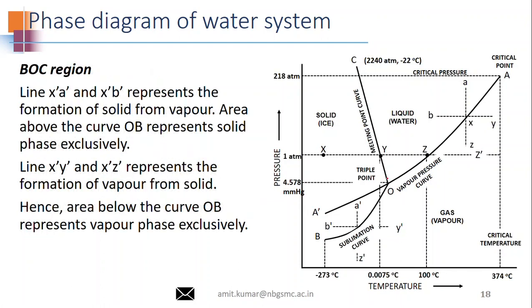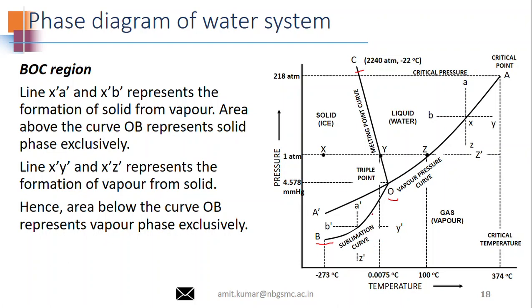Similarly, now look at the BOC region. This is the B, O and C region. Here we have X' A' to X' B', and that represents the formation of solid from vapor. So similarly, XY' and XZ' represent the formation of vapor from the solid phase.